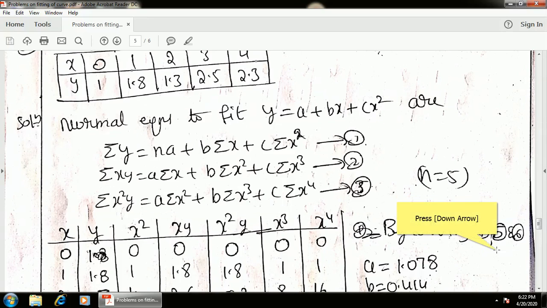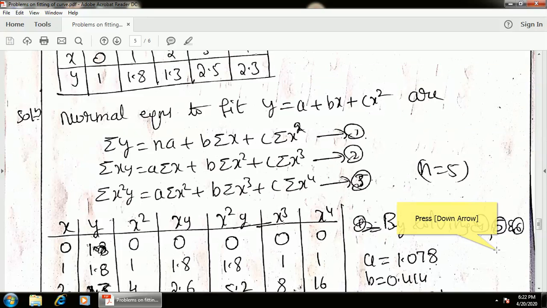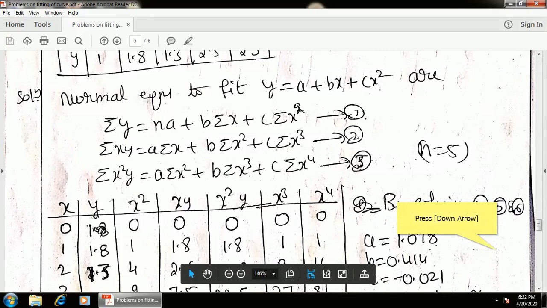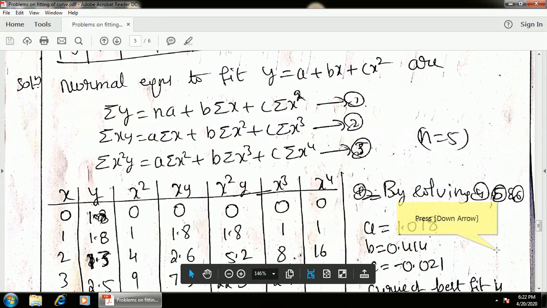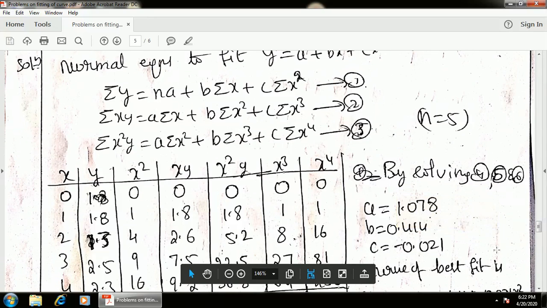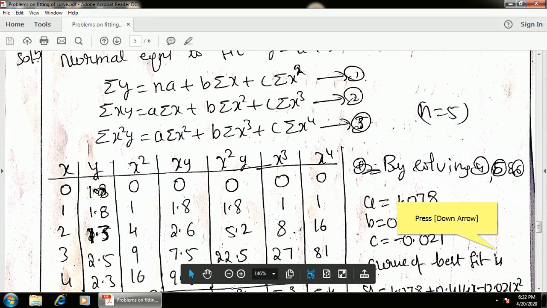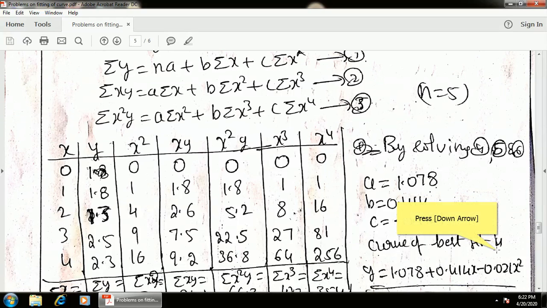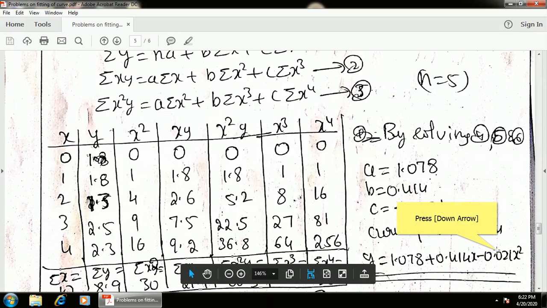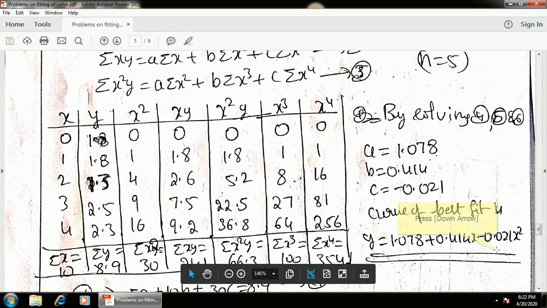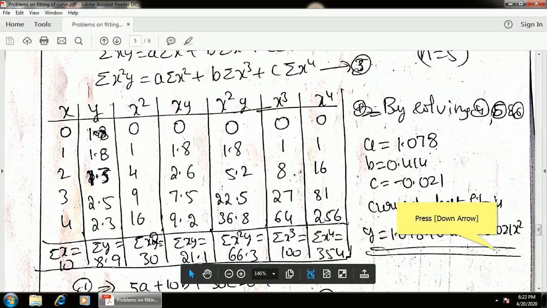In your table, you need to find out those x values, y values, x square values, x into y, x square into y, x cube, x power 4 and their sum.